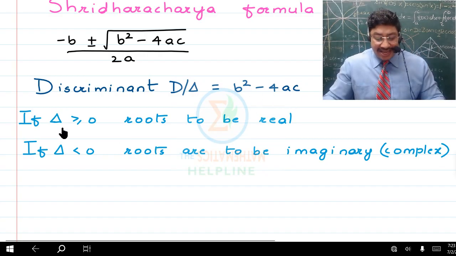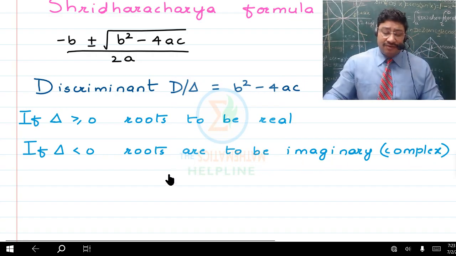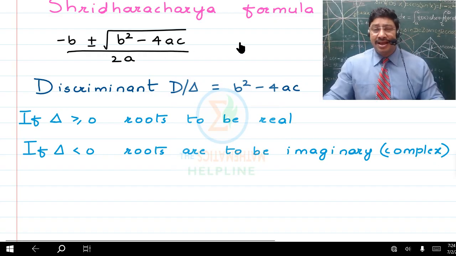Now if delta is greater than or equal to 0, or in other words positive or even 0, then the roots are real. And if delta is less than 0, then the roots are imaginary or complex. Just imagine if the root of b square minus 4ac is something like root of minus 3, then obviously this is not going to form a real number, and that is why the roots are said to be imaginary or complex.